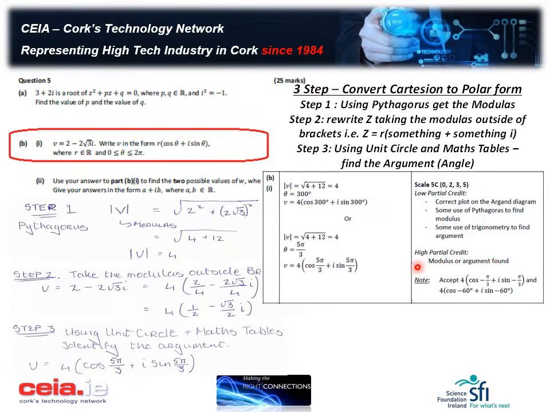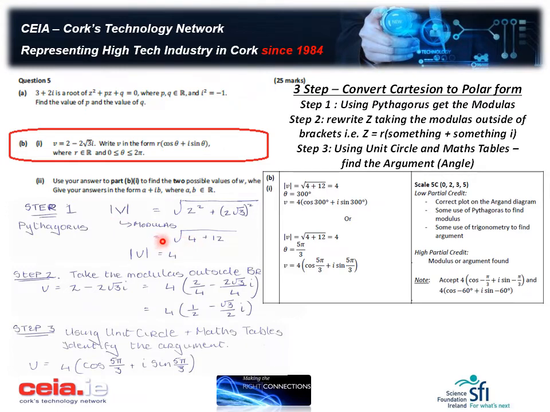If you were able to get the modulus or the argument, you are going to get 3 out of 5. So for example, you had 3 out of 5 by the time you were here. You had the modulus already. So 3 points out of 5 for just doing this piece of the solution, which is not bad at all.